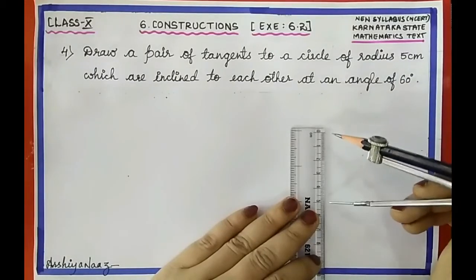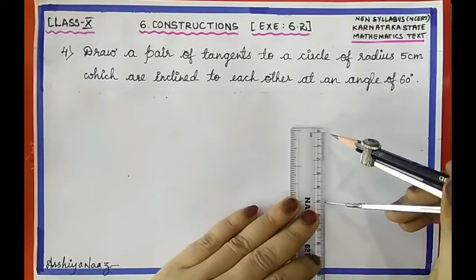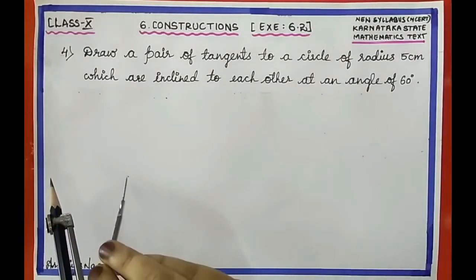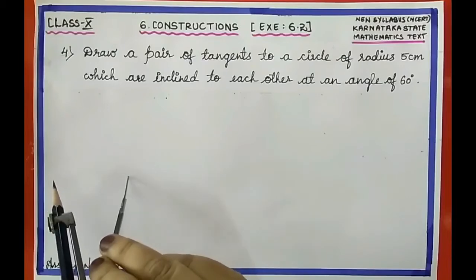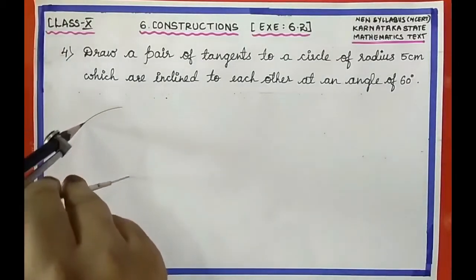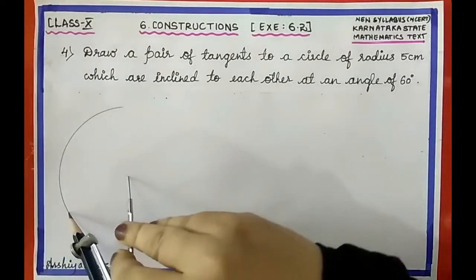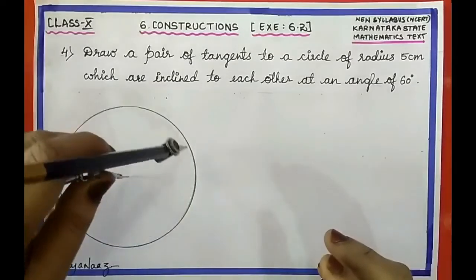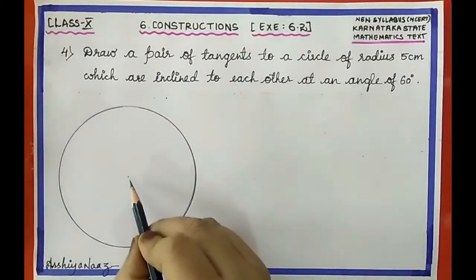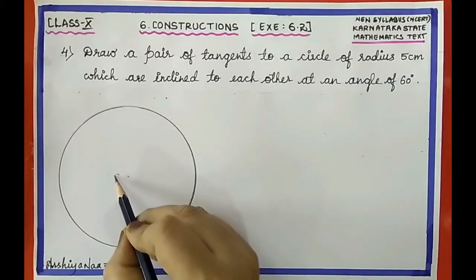With the help of compass, adjust the radius to 5 cm, with any center and 5 cm radius. Draw a circle. Name the center of this circle as O.